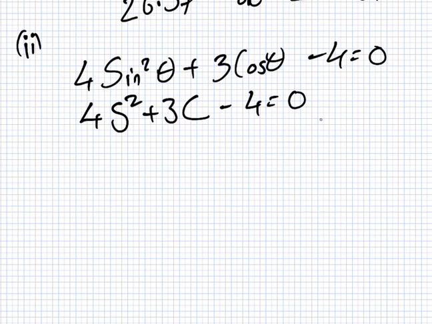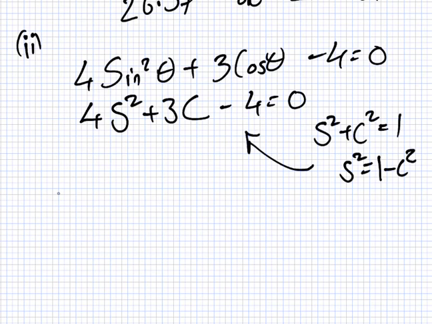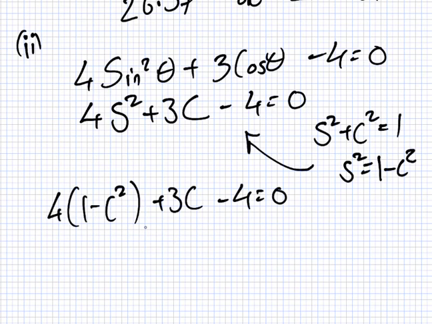Now we have a rule, sine squared plus cos squared equals 1, so sine squared equals 1 minus cos squared. I can put that in, and I get 4 times 1 minus cos squared plus 3 cos minus 4 equals 0. Here I get 4 minus 4 cos squared plus 3 cos minus 4 equals 0.